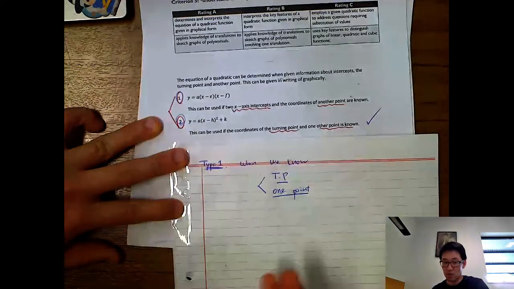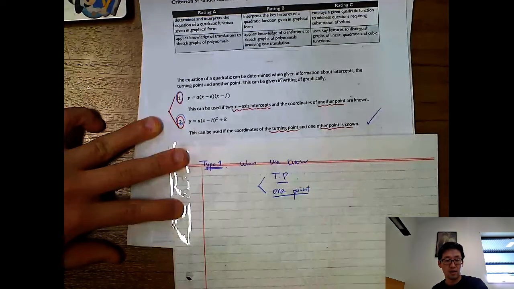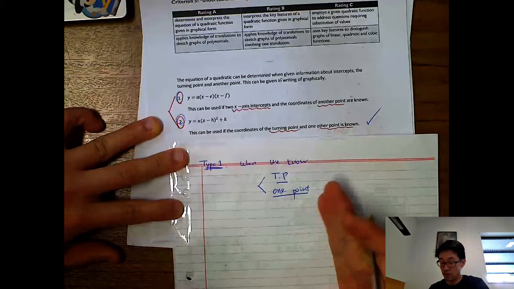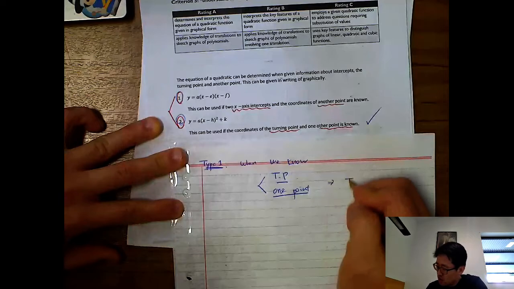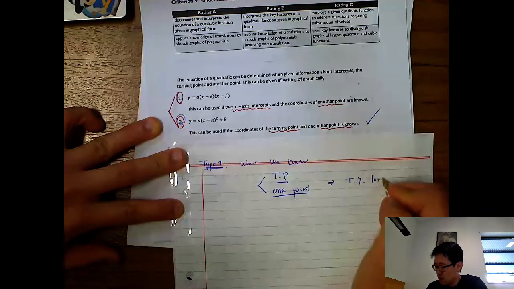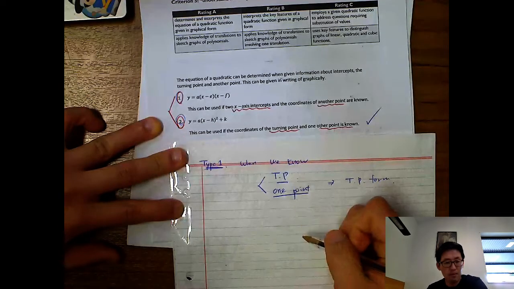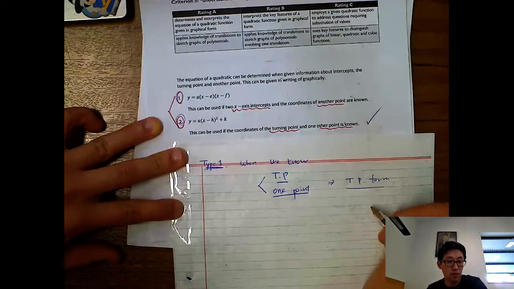Then we can use this kind of formula. So you know the turning point, so you should use turning point form. It's quite logical, isn't it? Yep, we have the turning point, so we use turning point form. I will use an example to do that.